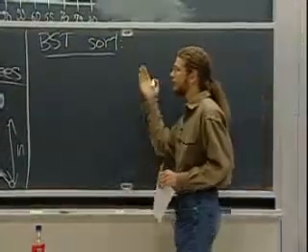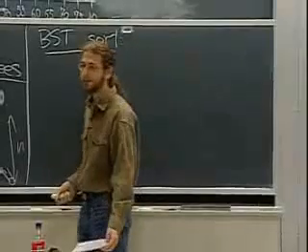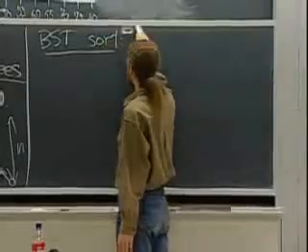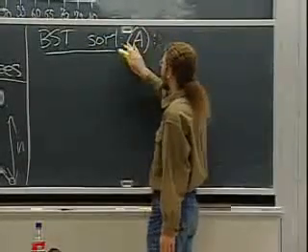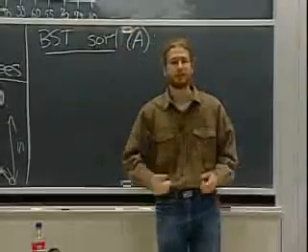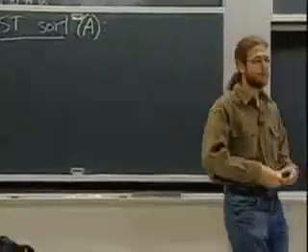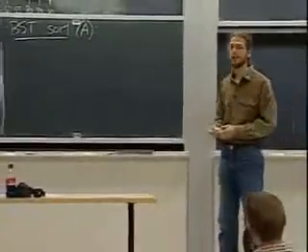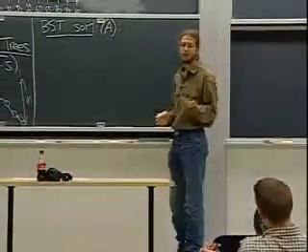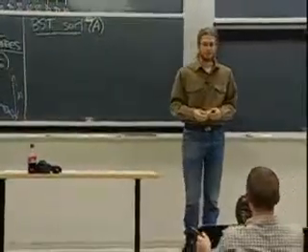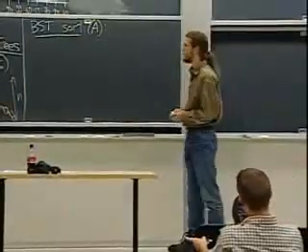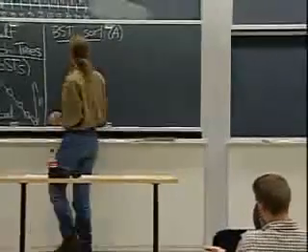So there's a natural way to sort n numbers using binary search trees. If I give you an array A, how would you sort that array, using binary search tree operations as a black box? Yeah? Build the binary search tree and then traverse it in order. Exactly.